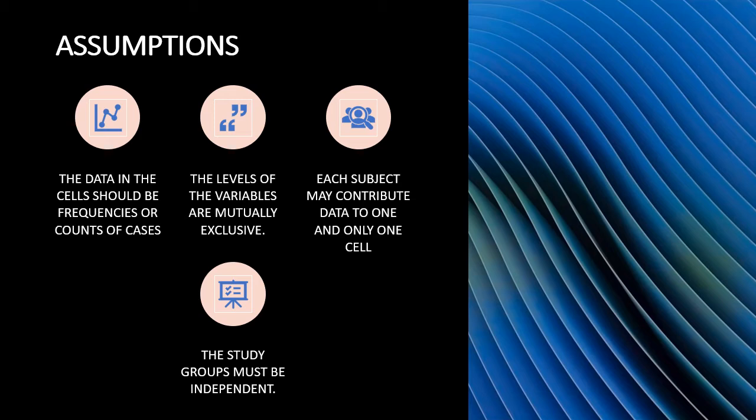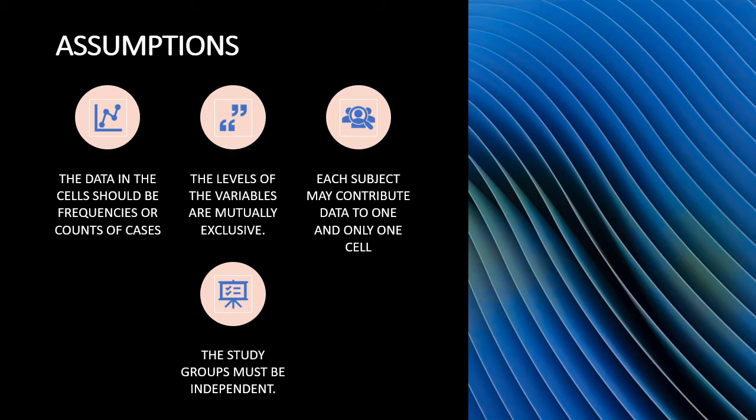Now we are going to discuss the assumptions of the test. The data must be in frequencies or counts of cases rather than in percentages or some other transformation of the data. The next assumption is that the levels or categories of the variables are mutually exclusive. That is, a particular subject fits into one and only one level of each of the variables.